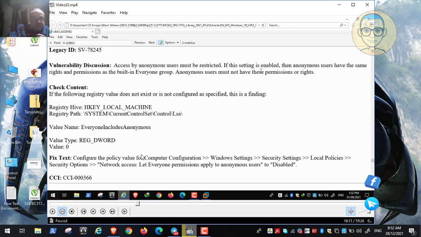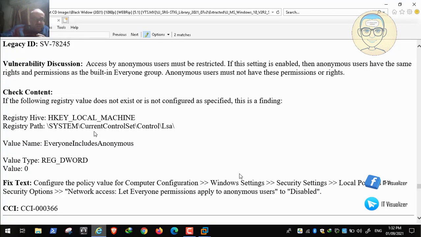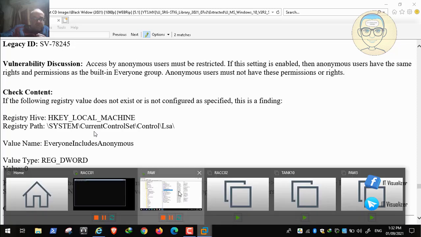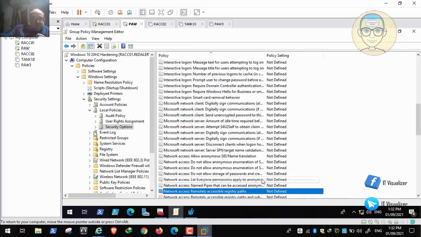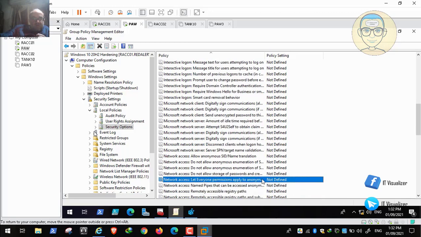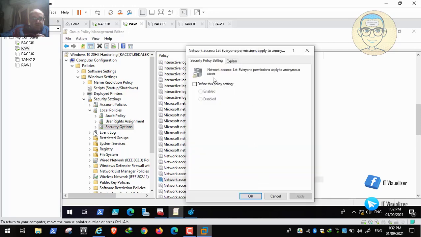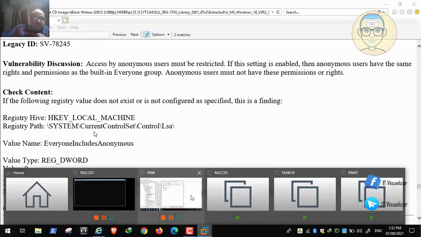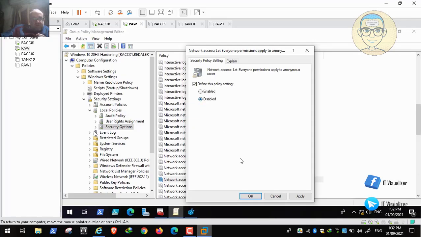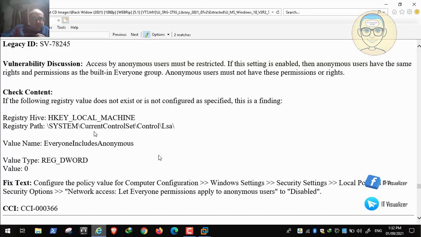So let's disable this group policy. We'll make it disabled. So let everyone, it is disabled, not enabled. Anyway, we'll continue working.